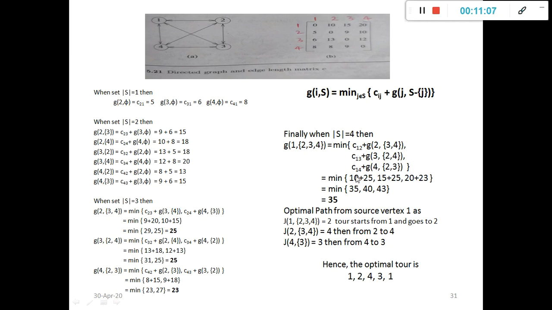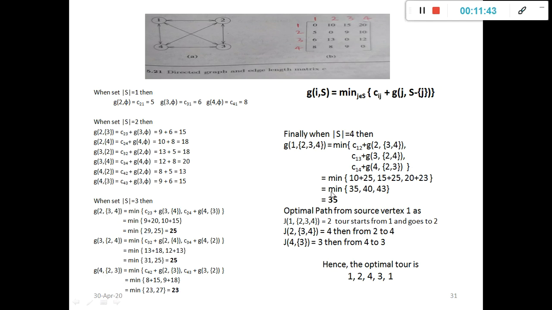Cost of (1,2) is 10 plus cost of (2,3,4), which is 25 from the previous value. Similarly cost of (1,3) is 15 plus cost of (3,2,4), which is again 25, and the cost of (1,4) is 20 plus the cost of (4,2,3), which is 23.